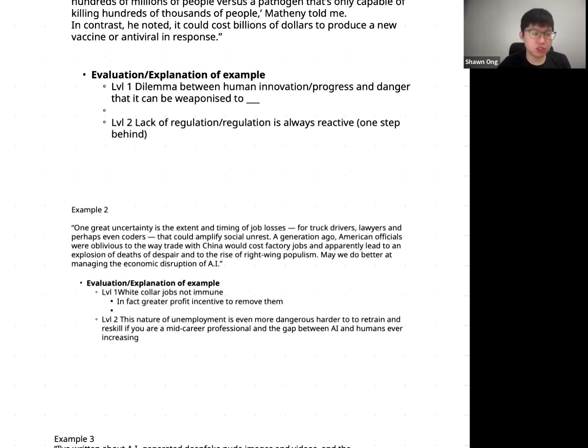Huge layoffs. And these employees are your traditional higher salary jobs. So the idea here is that white collar jobs are not immune. The traditional idea has been tilted.